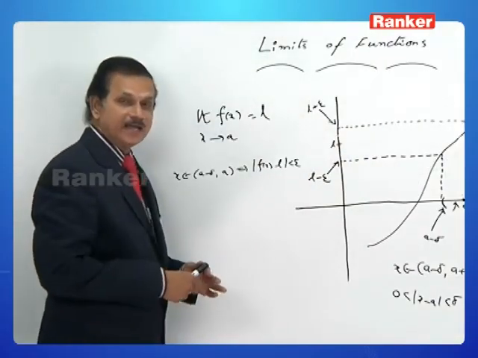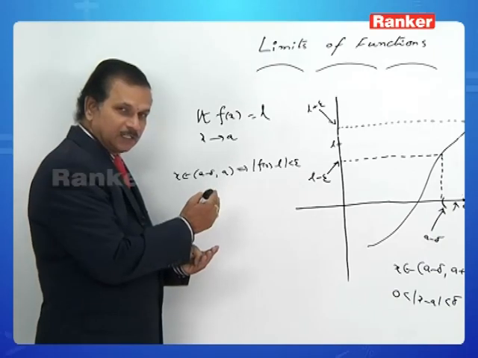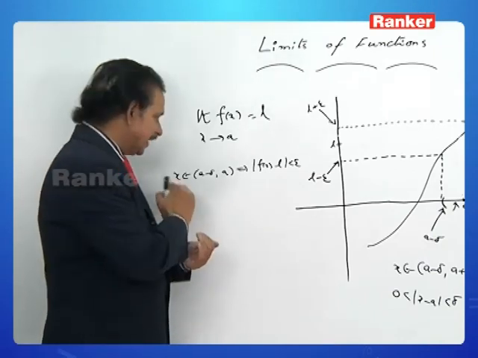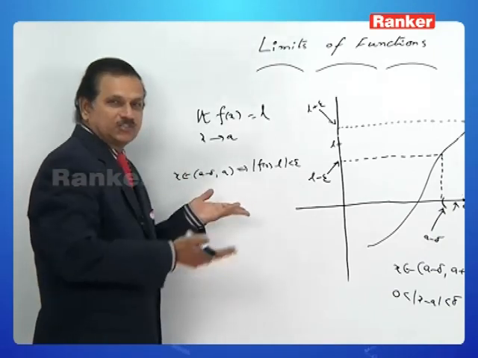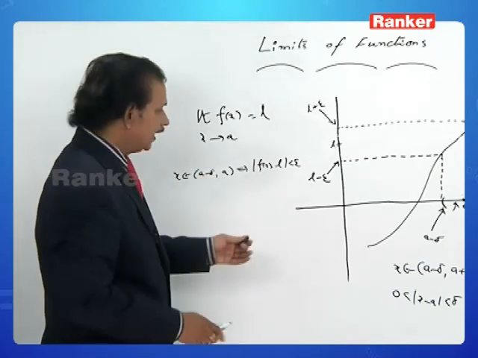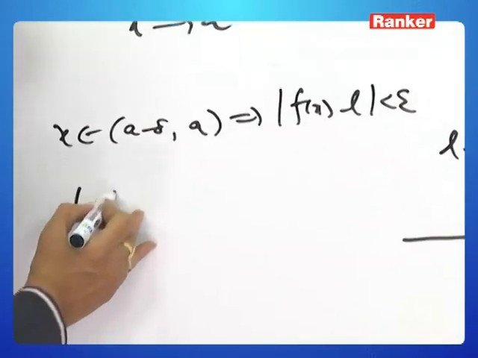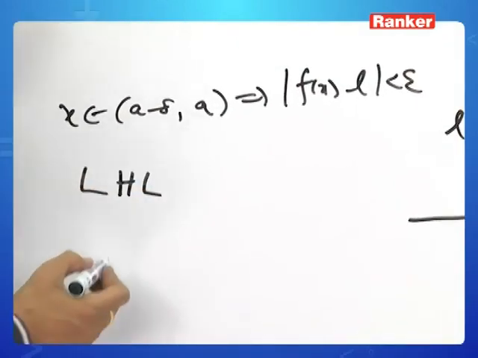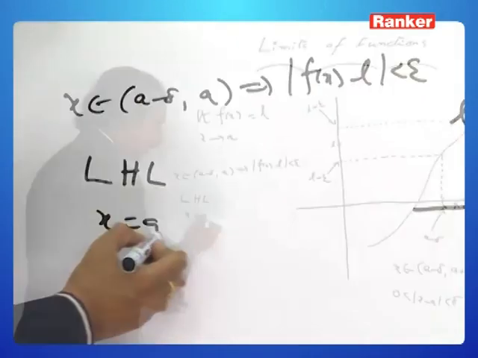Where does x lie? To the left of a. We say x tends to a from the left. Even then you are able to say that |f(x) − L| is less than ε. In this case, the left hand limit of f(x) at x = a is L.